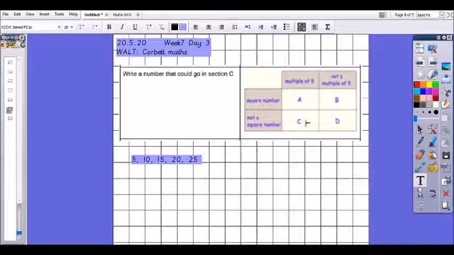So 5 could go in C. 10, I also know this is not a square number because it is not the product of two numbers being multiplied. That could also go in, as could 15, and the same with 20. However, 25 could not go in section C. Even though this is a multiple of 5, it is a square number. I know this because 5 times 5 equals 25.